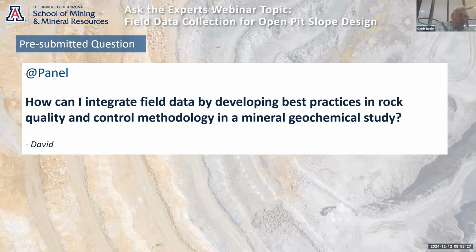You may want to use that as a basis for sample distributions, but it's not the bottom line, it's a pointer. And so you've still got to go back and do the basic rock quality testing. That would be my take on it.